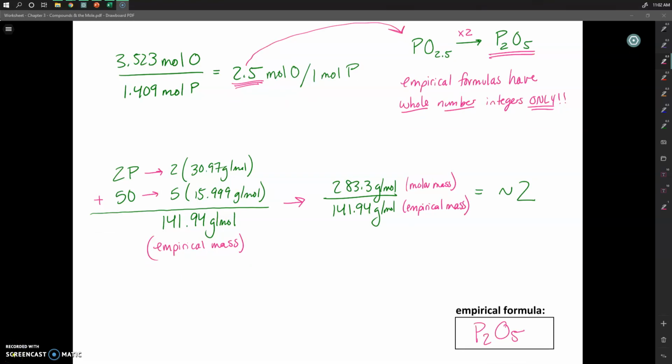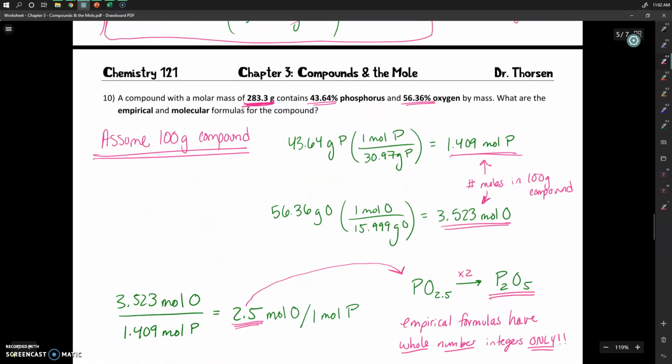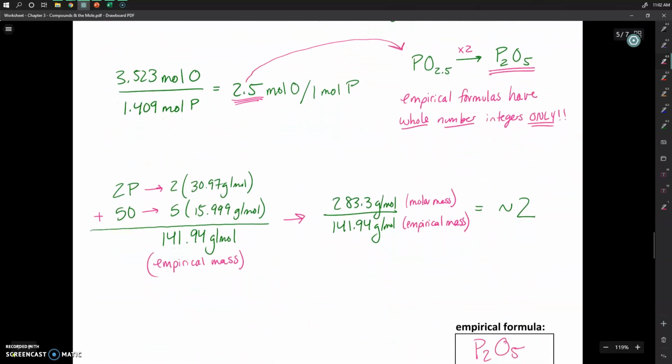And then from there, we're going to compare the empirical mass to the molar mass. Because if we remember, from the way this empirical to molecular formula thing worked, the molecular formula is always a whole number multiple of the empirical formula. So the molar mass of the molecular formula should also be a whole number multiple of the empirical mass.